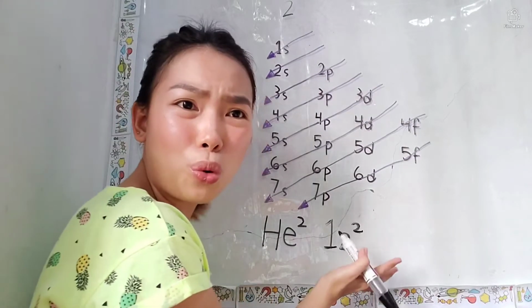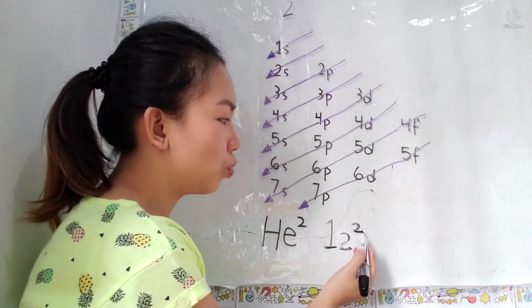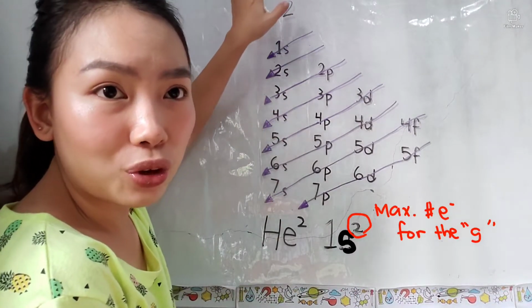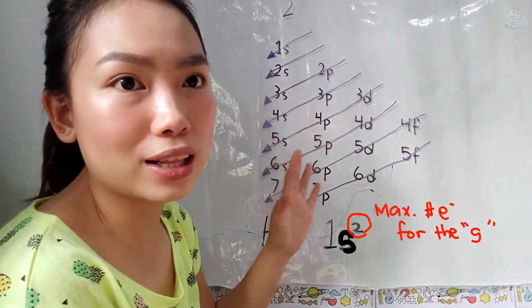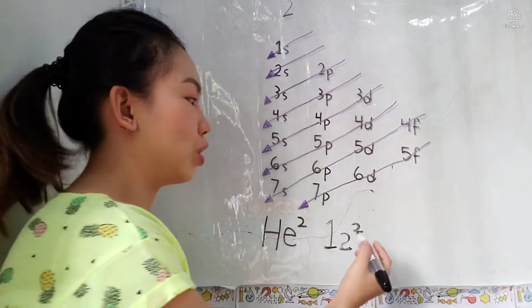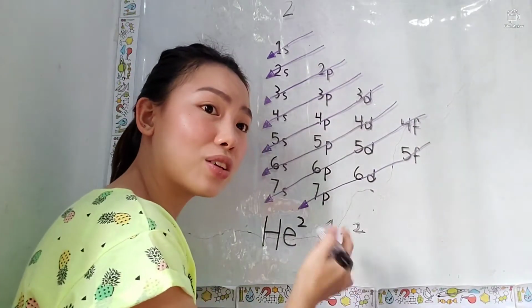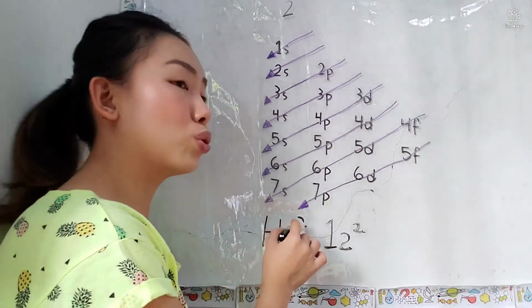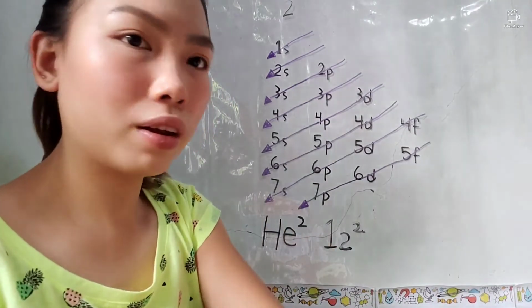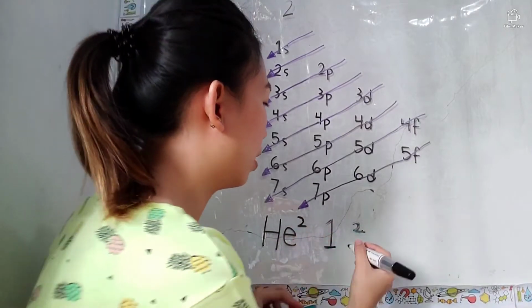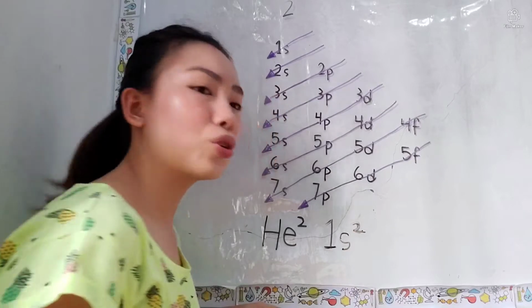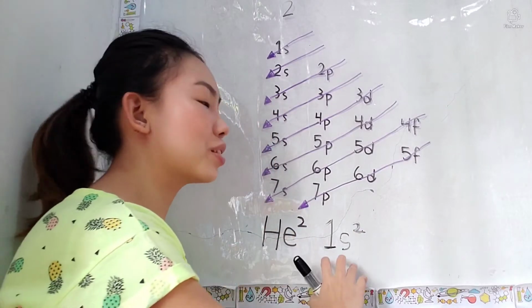saan galing yung 2? Ba't nagkaroon ng 2? Again, 2 is referring to the maximum number of electrons that an S can hold. And S could hold at least 2 electrons. So, ito na nga yun. Since the number of helium is 2, the electron configuration for the helium is already done.